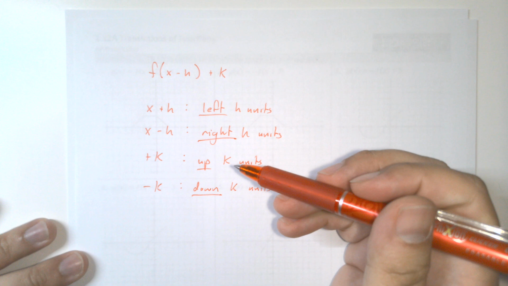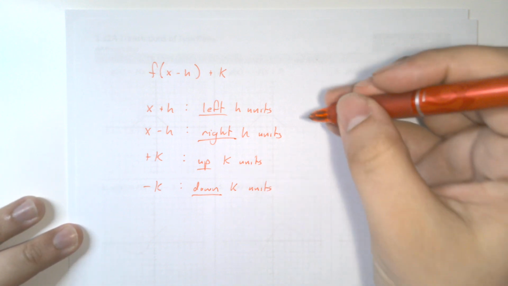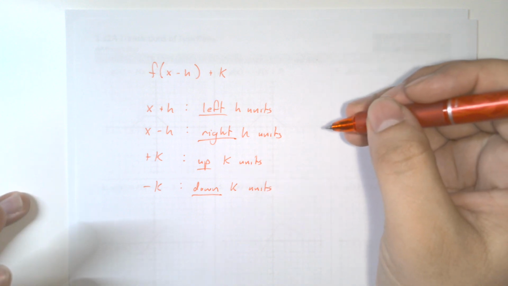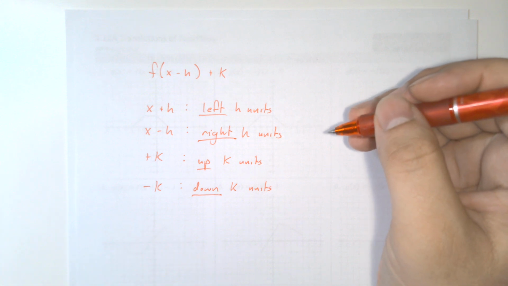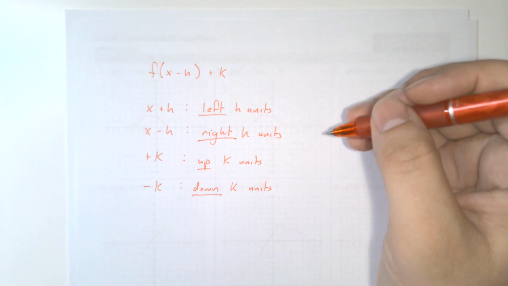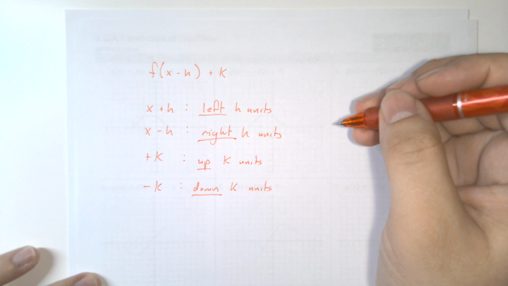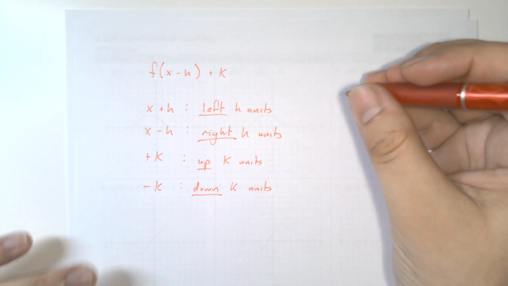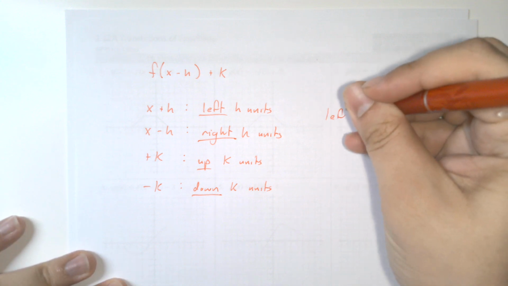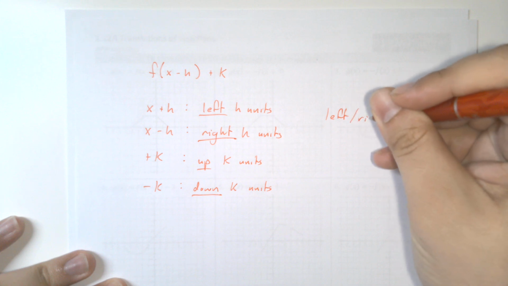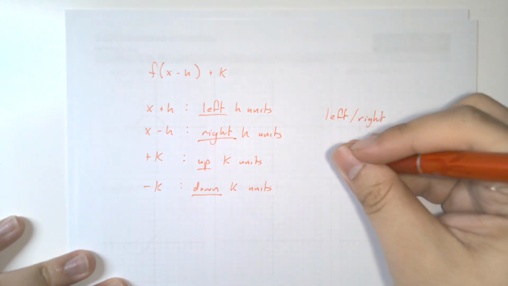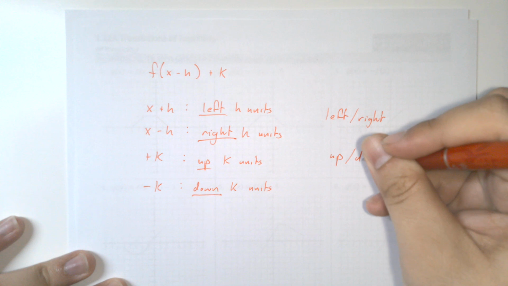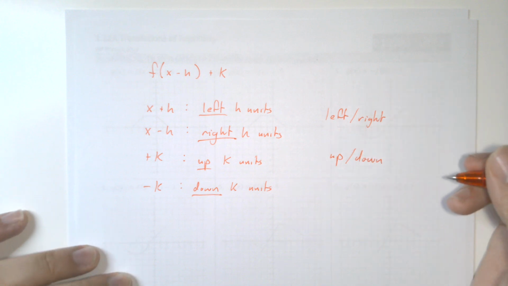The way that I like to remember this is that in English we usually say things in a particular order. At least I do: I say left, right, and I say up, down in that order.